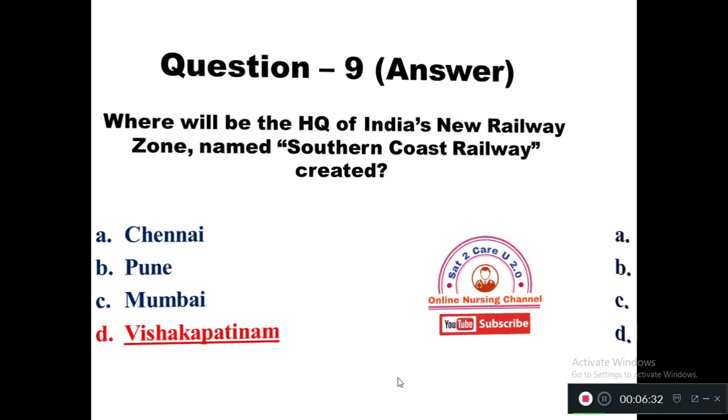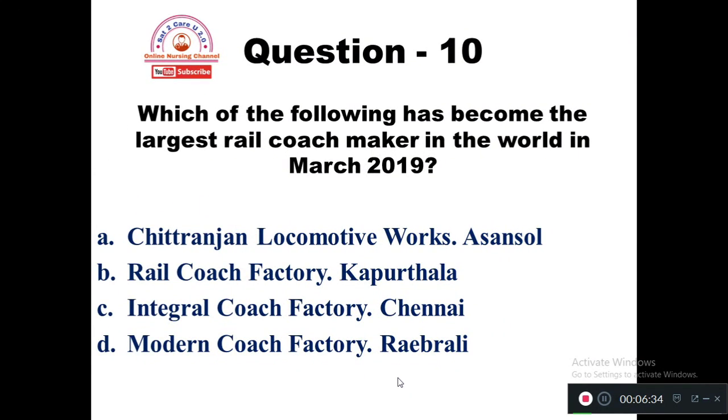Now, question number 10. Which of the following has become the largest rail coach maker in the world in March 2019? All these railway coach factories are present in India only. A. Chittaranjan Locomotive Works, Asansol. B. Rail Coach Factory, Kapurthala in Punjab.